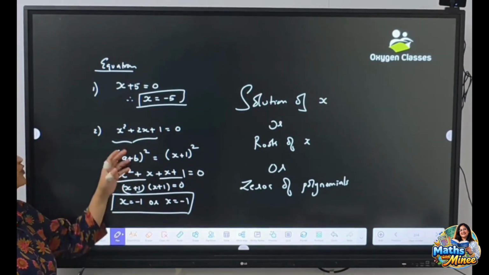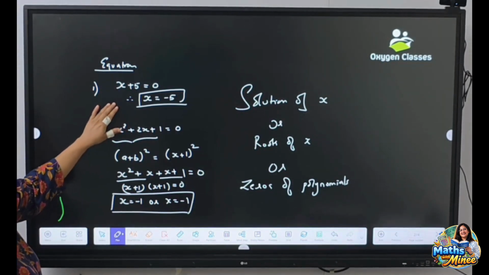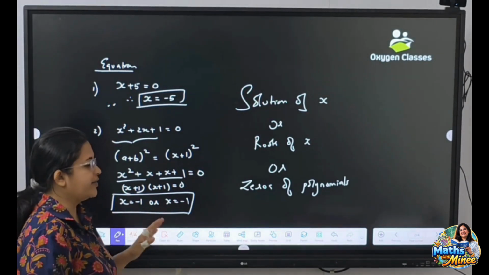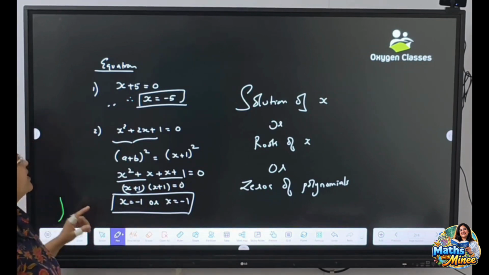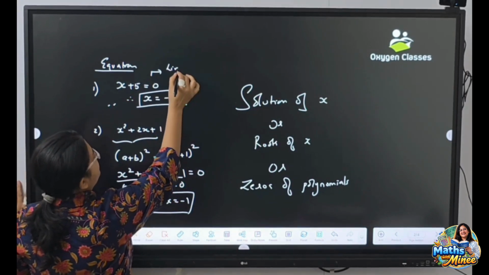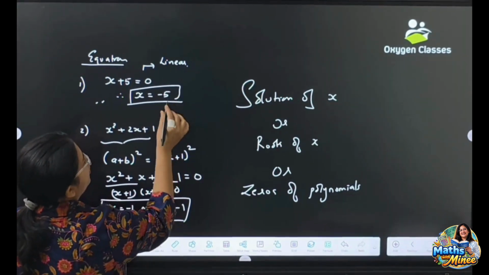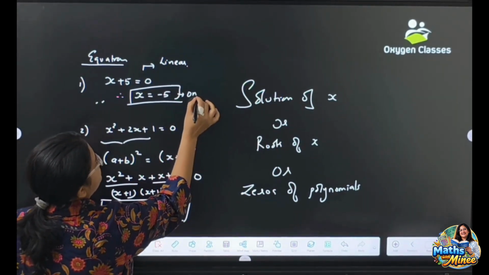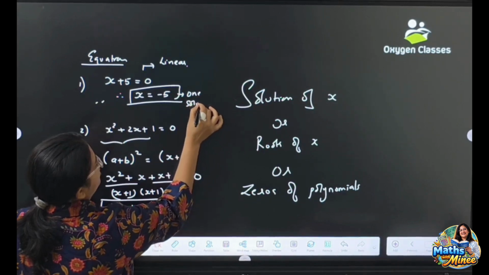Now here, you can see that there are the solutions, the values of x. Just one thing you have to remember: if it is a linear equation, then you will always get one solution.